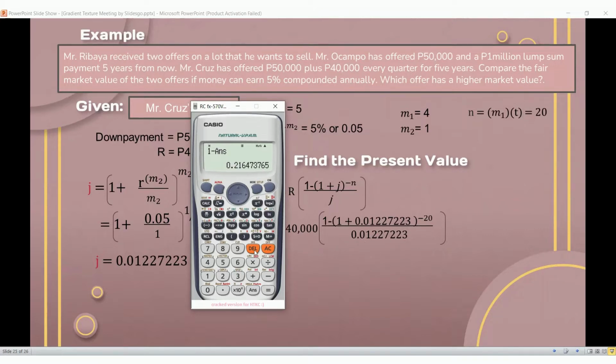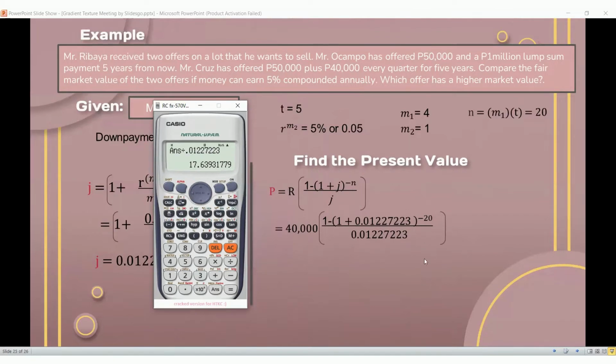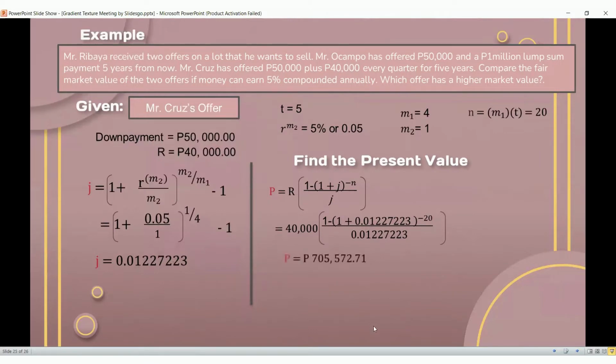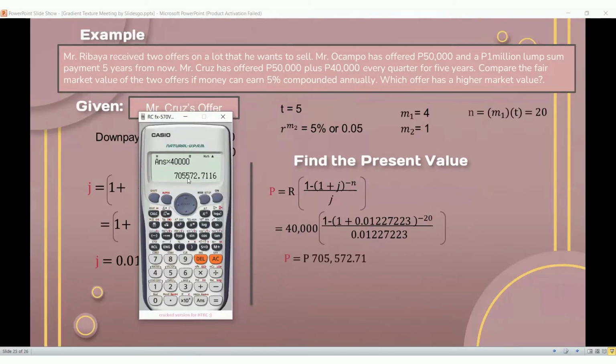Then divide by J, the denominator. This is the answer inside the parentheses. Then multiply it by R, 40,000. So, this is our present value. Let's check if it is correct. So, it is exact.